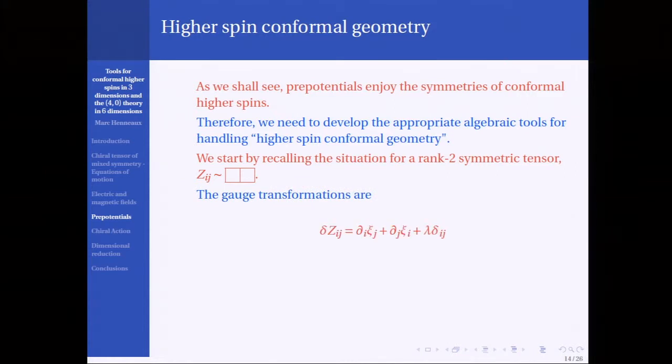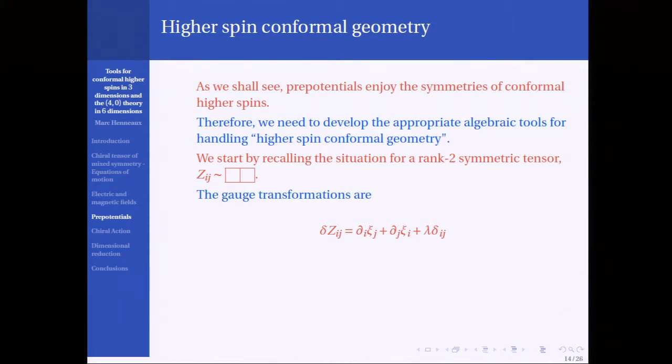The gauge transformations for such a linearized object would be linearized diffeomorphisms and linearized Weyl rescalings, which take this form. So lambda is a gauge parameter and xi is the diffeomorphism vector field. This is spatial; I'm looking at the spatial slices.